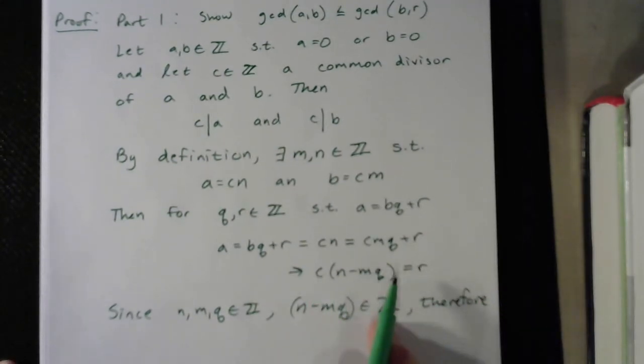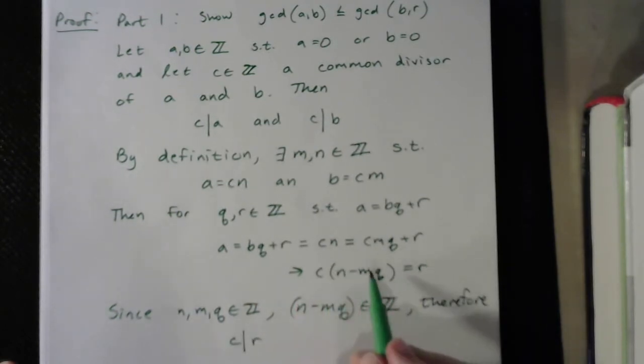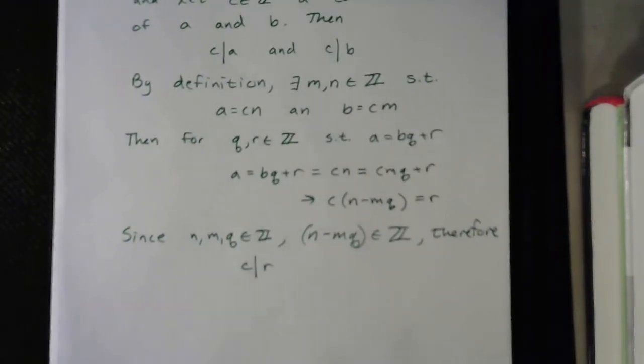Therefore, we have that C divides R, because we have C times an integer equals the other.